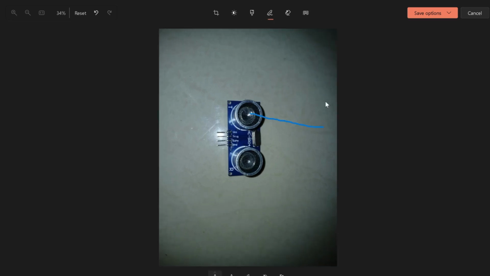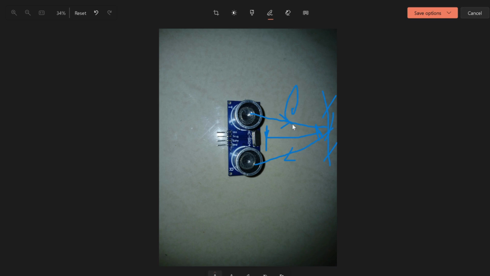If this is a wall, let's take this as a wall. This will transmit a signal like this, and when it strikes here, it reflects back, and it measures the distance like this.